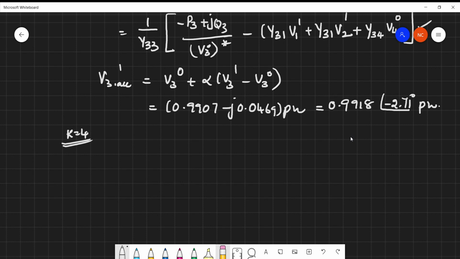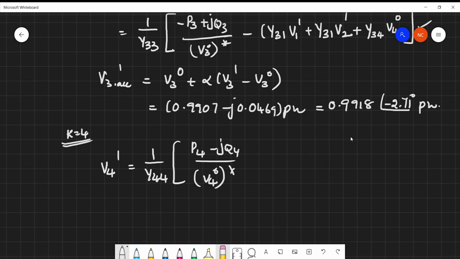Now K equal to 4, V4 updated is 1 by Y44 into P4 minus jQ4 by V4 0 conjugate minus sigma I equal to 1 but not equal to K, that is 4, to N. N is also 4. YKI, that means Y4I VI updated.